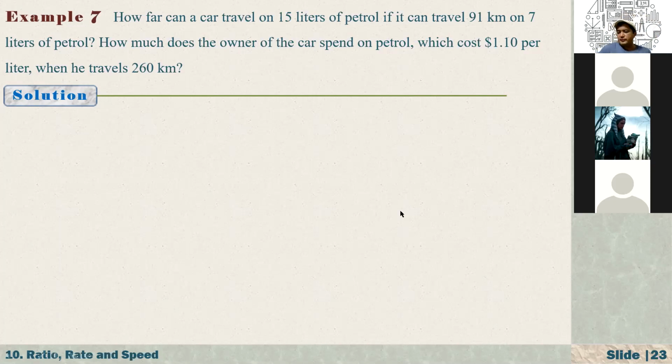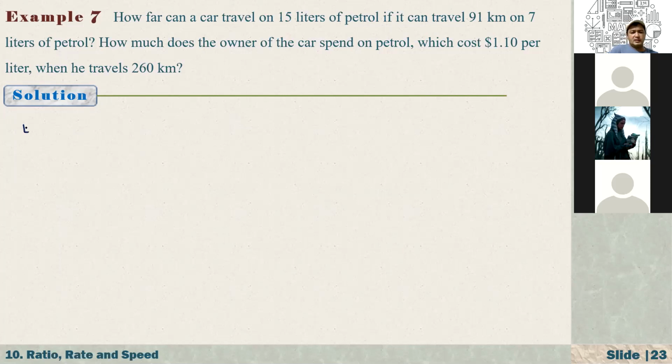Let's start with the first one, the first part. How far can a car travel on 15 liters of petrol if it can travel 91 kilometers on 7 liters of petrol? So as usual with rate problems, how do you solve this?